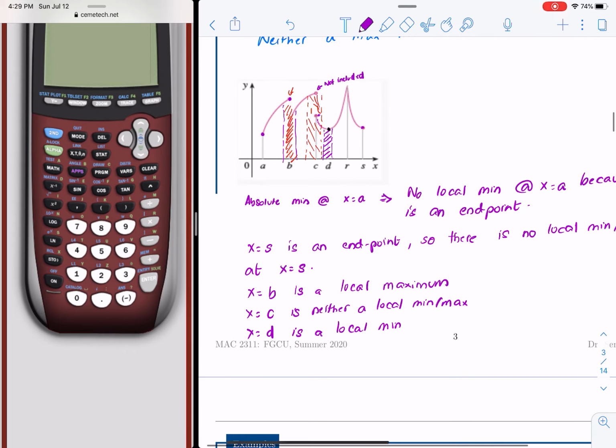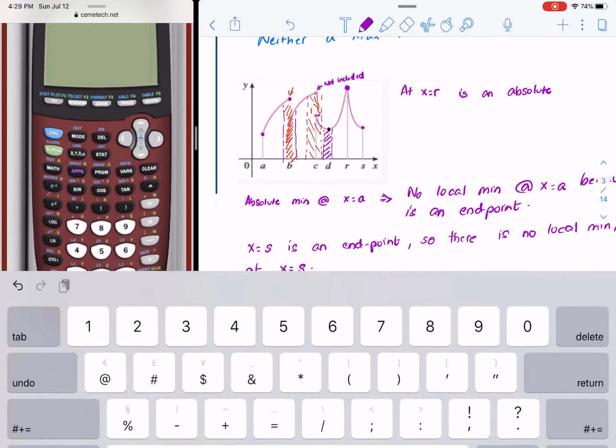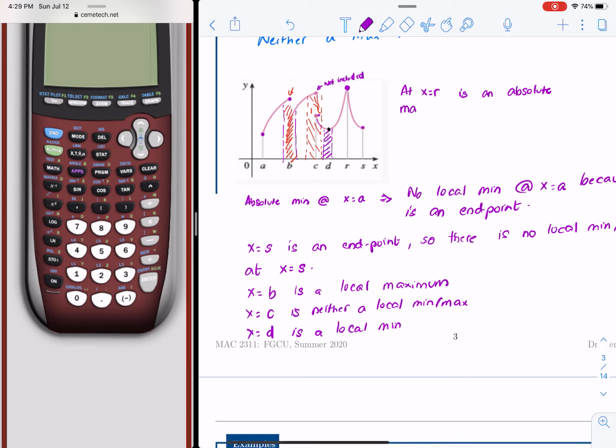And lastly, we have a point right here. And that point at x is equal to r is an absolute maximum. Now, is it a local maximum also? Yes.